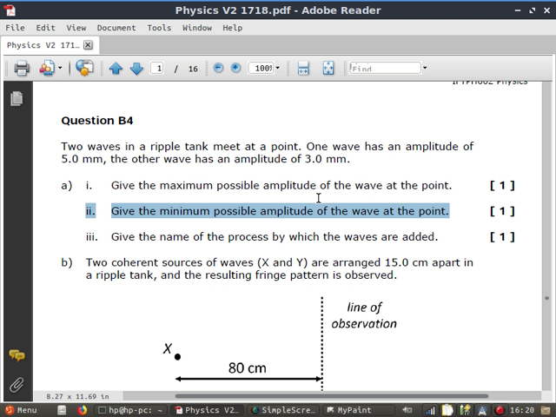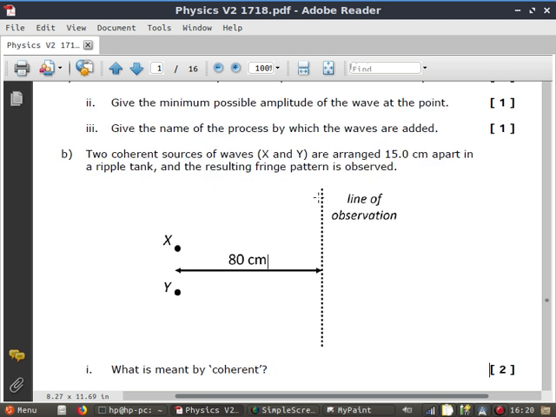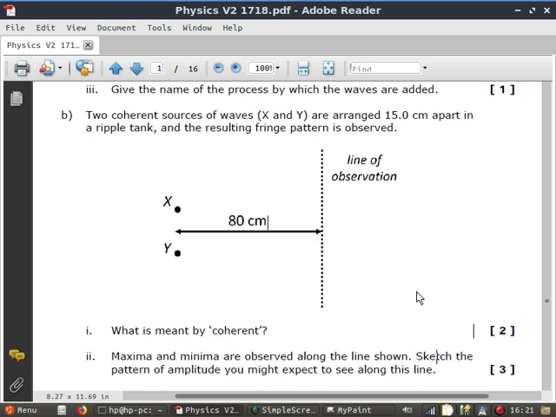Okay. For both. So now look at the next part. You have two waves coming out from X and Y, and the distance here is 15 centimeters, and this distance is 80. And the waves come out, you know what's happening. First question, what is meant by coherent?